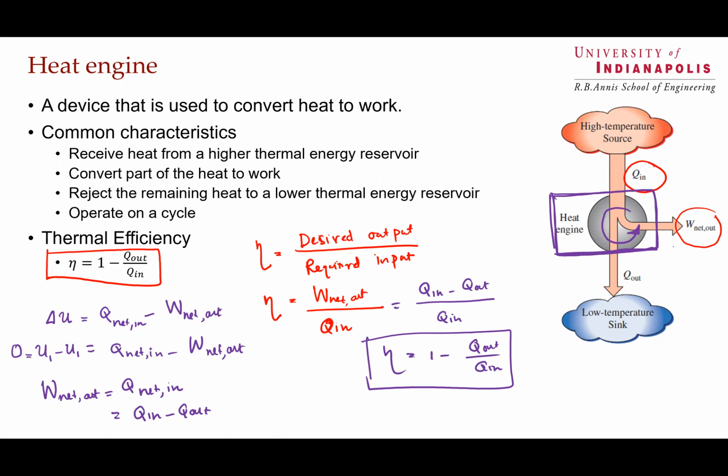So it can again be considered as a closed system where you would see only heat and work interactions. You don't see any mass interaction. So that's why we consider that as a closed system. I just wanted to emphasize that fact here, because I may be using that over and over again.